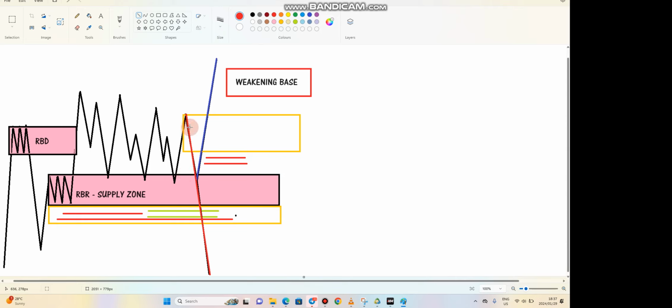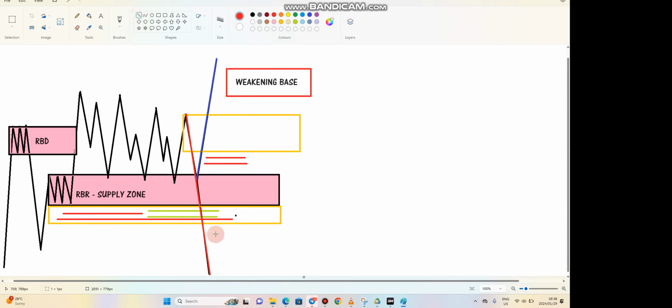So most of the time, this is what we look at. We look at that the market has to break this level, because as the market keeps on hitting the same level, this base is getting weak, so that is why it's called the weakening base. So eventually, after breaking, our focus will be here. So look now what happens after breaking out.